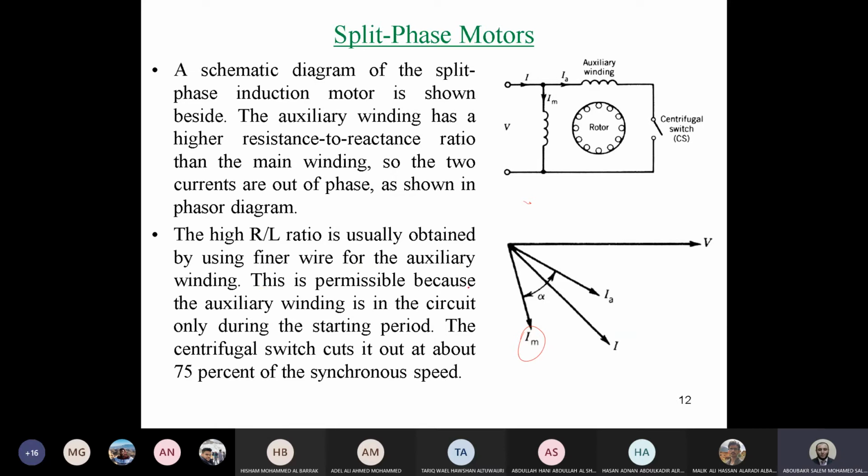This is permissible because the auxiliary winding is in the circuit only during the starting period, and the centrifugal switch will cut it out at about 70% to 75% of the synchronous speed. The question here: what will happen if the centrifugal switch fails to open?